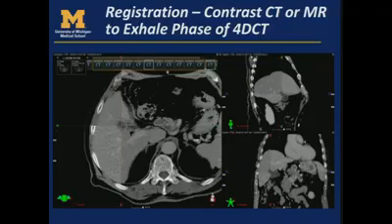For those of you who may have this treatment planning system, you'll see the 4D CT, all of the individual scans come up together, and you need to select the one that you want to register to and display. If you have a contrast scan at exhale, you're not registering that to, say, the untagged or the average phase of the 4D CT, but to the proper phase. This is an example of this tumor registered to the 50% phase with our exhale contrast CT where we've drawn the tumor.